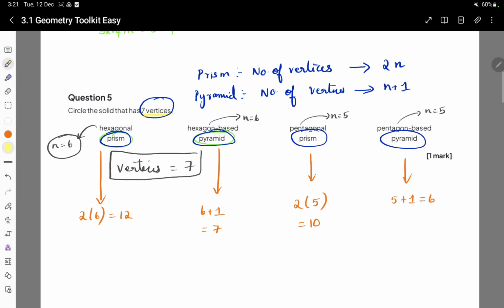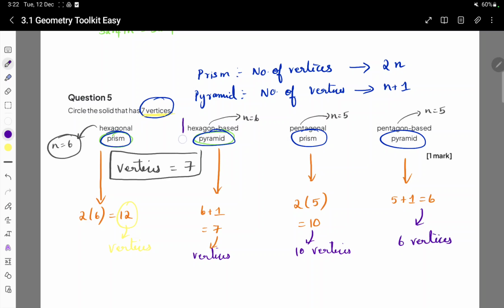So for this shape we have 12 vertices, for this shape we have 7 vertices, for this shape we have 10 vertices, and for this shape we have 6 vertices. Now what have they asked? 7 vertices.